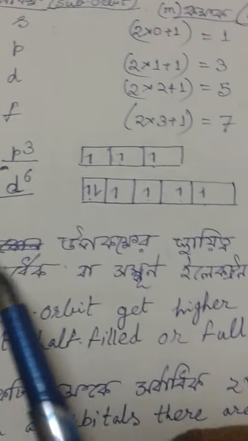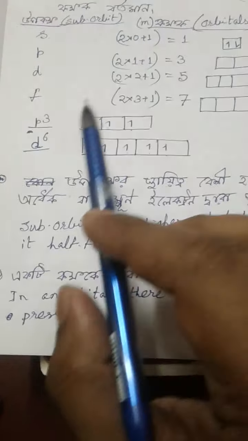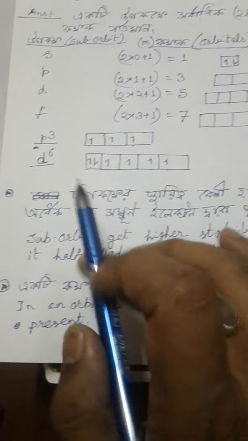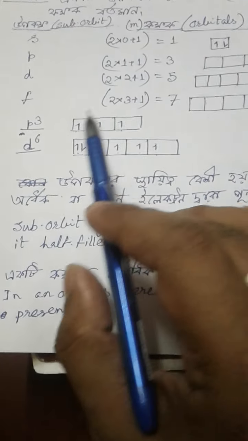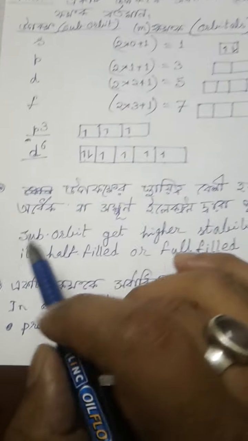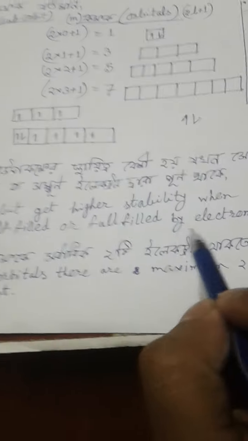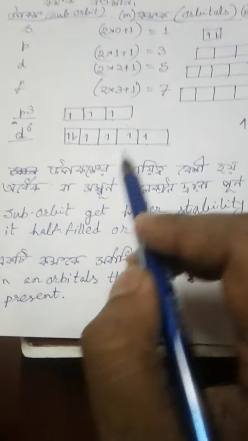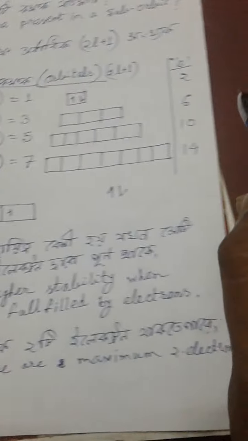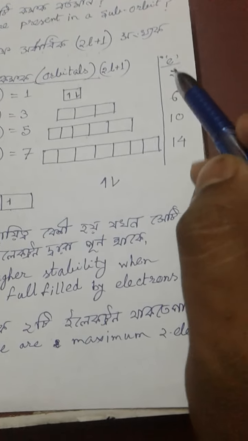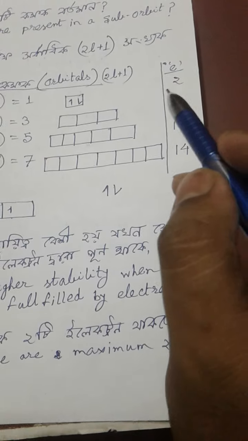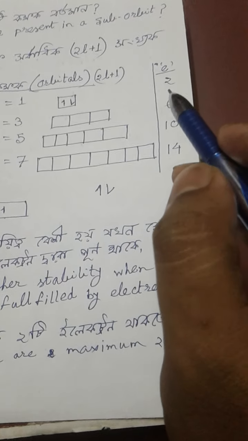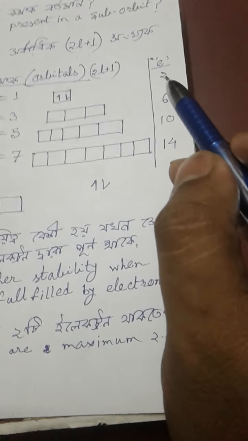Now if I discuss the stability of any suborbit, when the suborbit is filled with electrons, full filled or half filled, the suborbit gets maximum stability. That is, when the s suborbit has 2 electrons or 1 electron, it gets maximum stability.